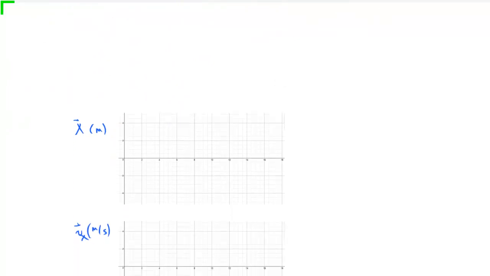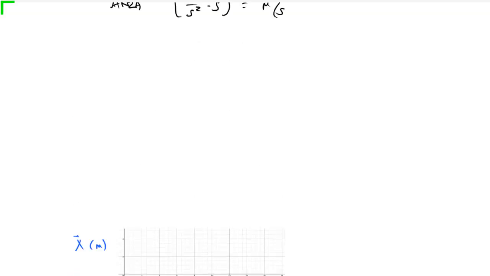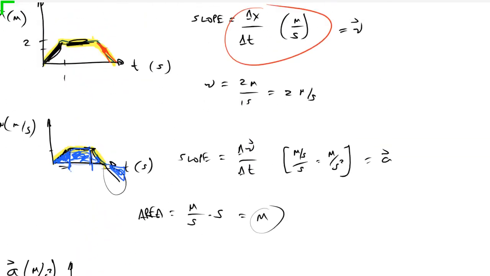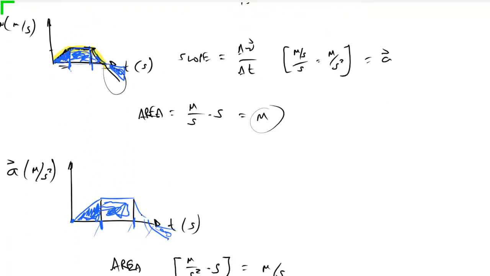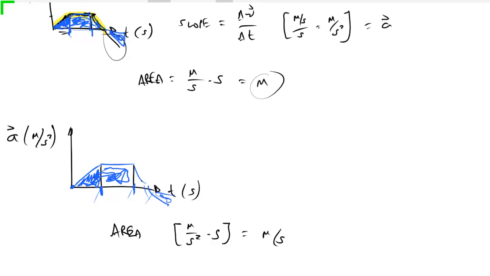So let's do a couple examples here. We'll have a given position versus time graph, and we'll sketch the corresponding velocity and acceleration versus time graphs. And by the way, we could find the values of the velocity as well, and we could find the value of the acceleration as well.